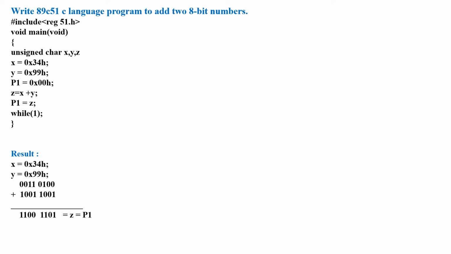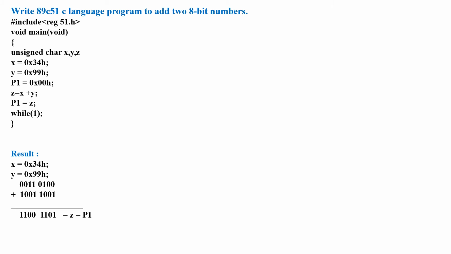So write the binary representation of 34, the BCD code here. So 34 plus 99, apply the binary addition rule. According to the binary addition rule, 0 plus 0 is 0, 0 plus 1 is 1, and 1 plus 1 is 0 with carry 1. So I add these numbers using binary addition. 0 plus 1 is 1, 0 plus 0 is 0, 1 plus 0 is 1, 0 plus 1 is 1, 1 plus 1 is 0 carry 1, 1 plus 1 is 0 carry 1, 0 plus 1 is 1.